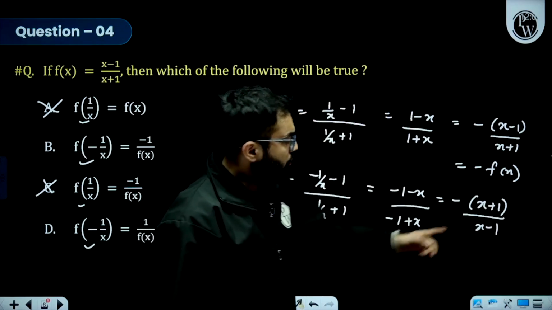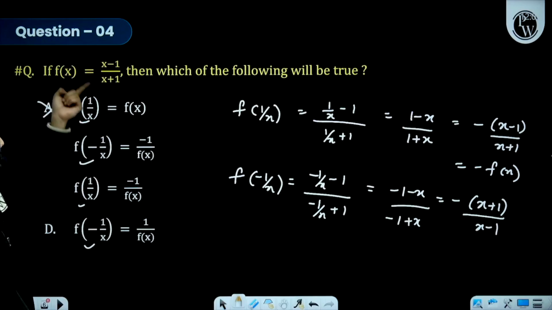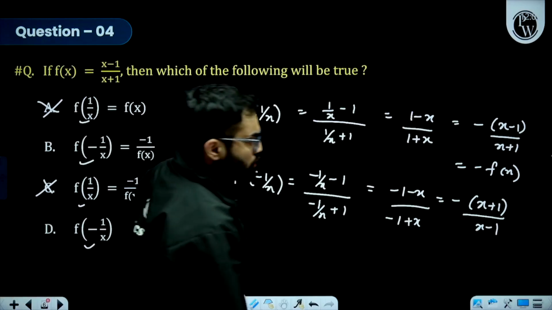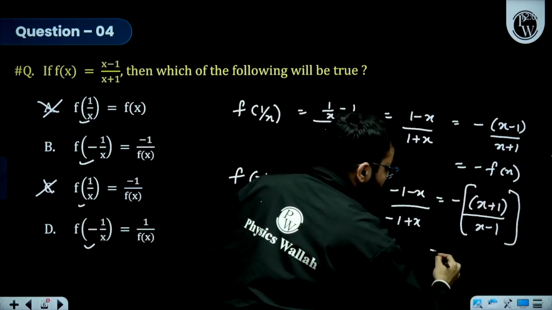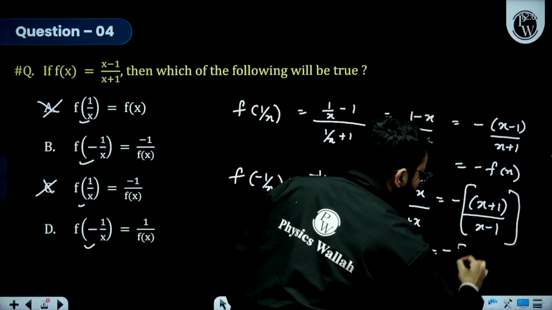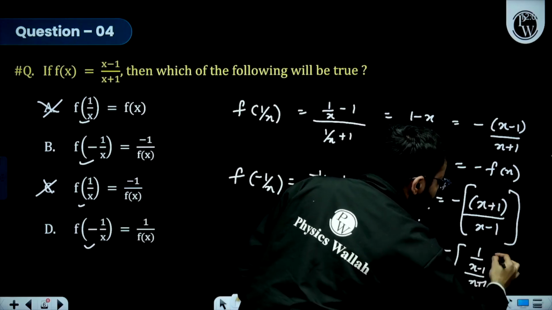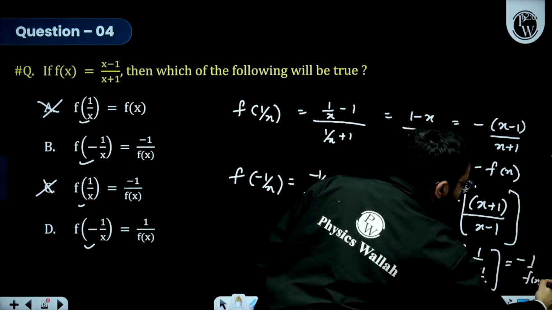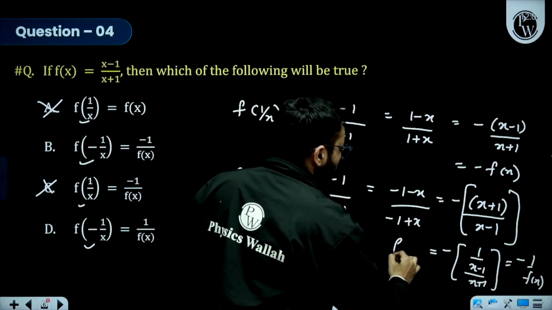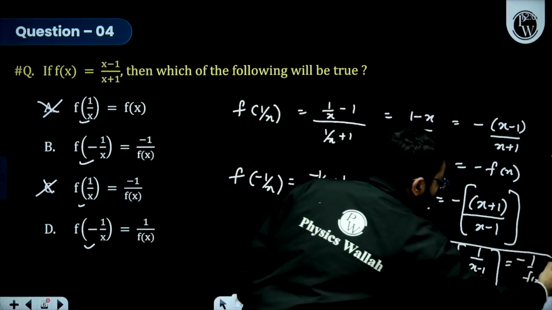And you can see over here that our f of x was basically x minus 1 upon x plus 1. So this thing over here is in the reciprocal form. So I can write this thing as minus of 1 upon x minus 1 upon x plus 1. And this thing is nothing but minus of 1 upon f of x. So f of minus 1 upon x is coming out to be minus 1 upon f of x.